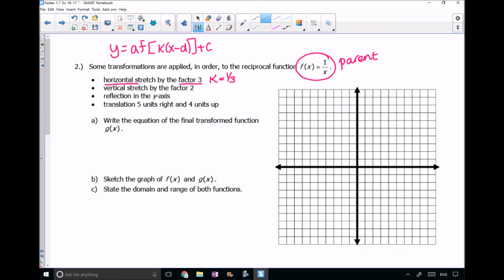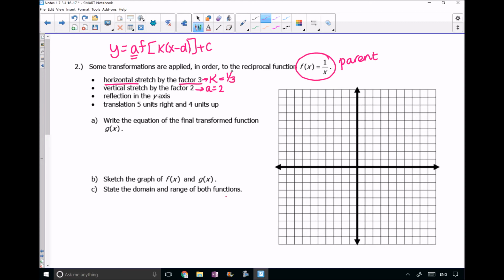And then if we have a vertical stretch by the factor of 2, remember a tells us what our vertical stretch is going to be. So a is going to equal 2. If we have a reflection in the y-axis, remember that is going to also affect k.